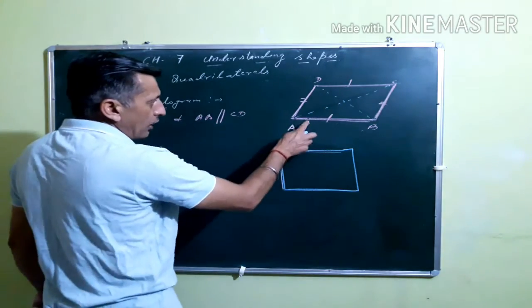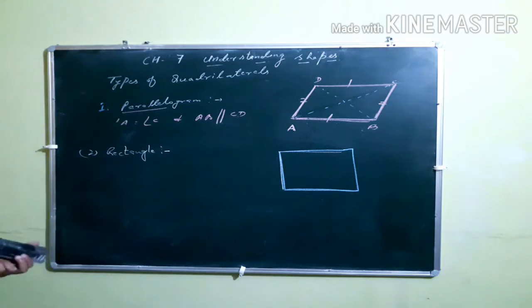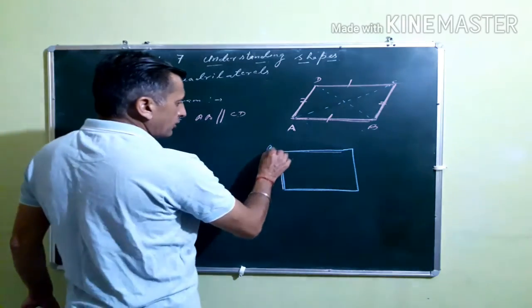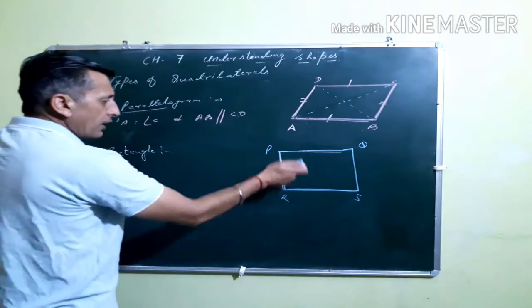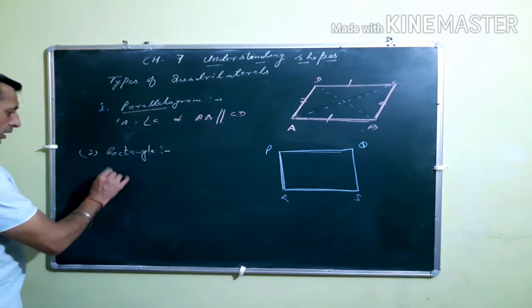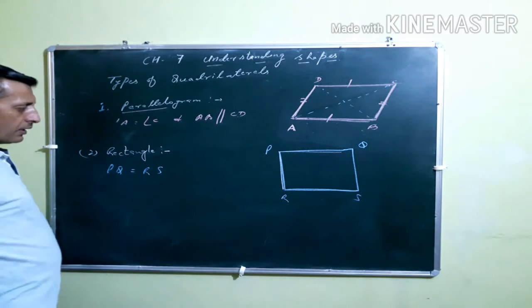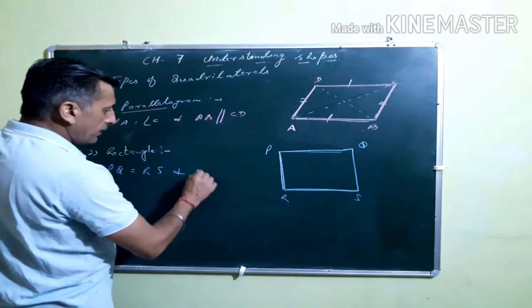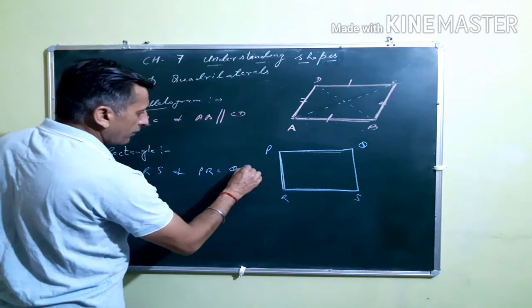So every parallelogram is not a rectangle, but every rectangle is a parallelogram. Now why is it so? Suppose the vertices are P, Q, R and S. Once again in this case, the opposite sides are equal and parallel. That means PQ is equal to RS, and PR is equal to QS.